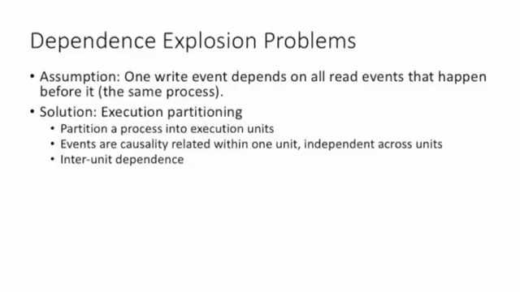Researchers have noticed this problem and proposed solutions. It's called execution partitioning. You may still recall my title; I have the execution partitioning keyword there. The basic idea is that those hot nodes in the graph are the nodes that cause the problems, because those programs run a long time and many read and write events happen, and because of the assumption, it will introduce many bogus dependencies.